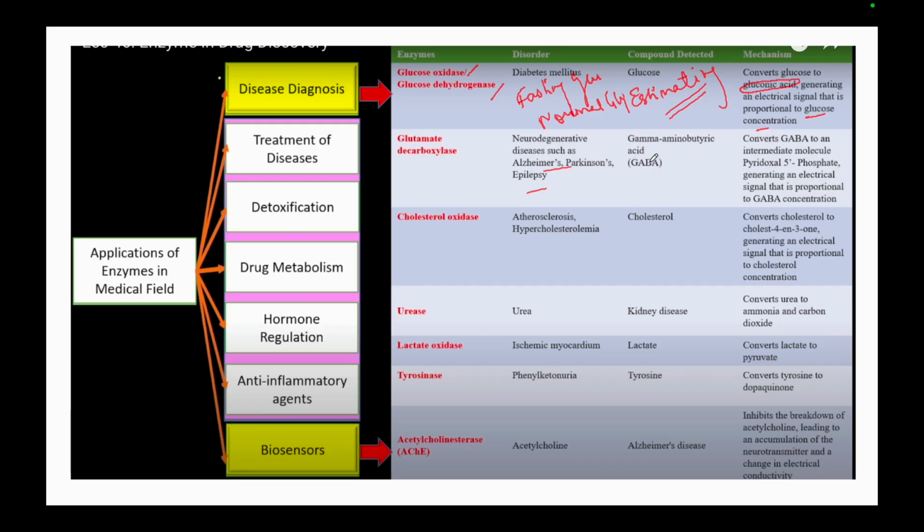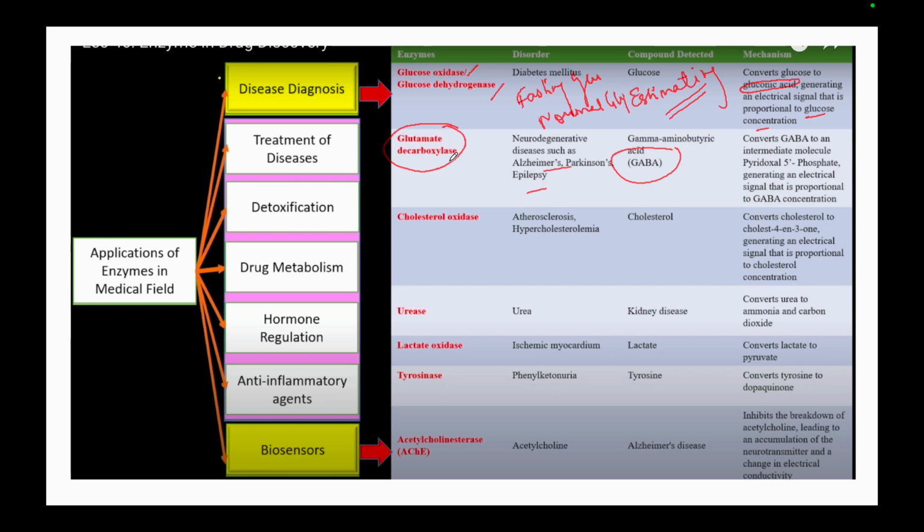These GABA levels can tell us how the disease has progressed or how it has gone to severity, basically the condition of the disease.